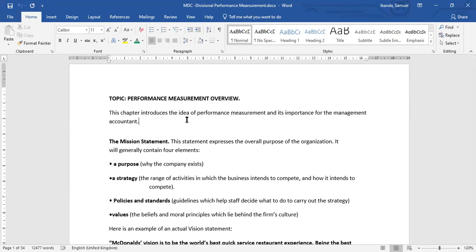Now, if you look at our syllabus, performance measurement here, they call it division performance evaluation, okay? This is just to cross-check with your syllabus.